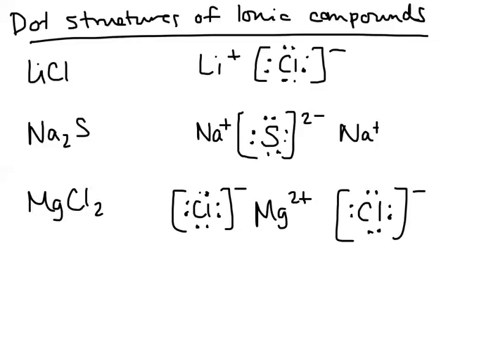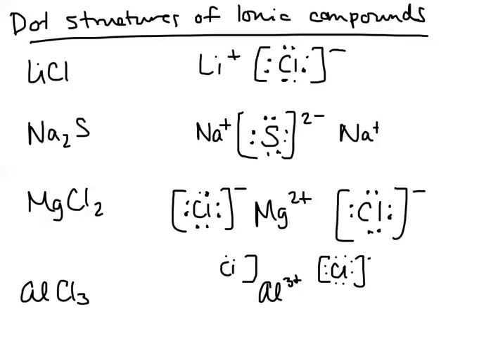Finally, you might have something like AlCl3. And in this case, just space the chlorines around the aluminum. So I might have one chloride here, I might have another chloride here, and one down here.